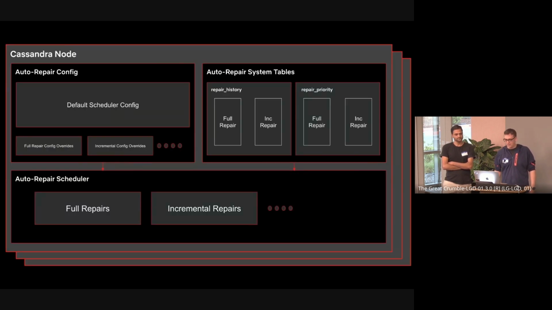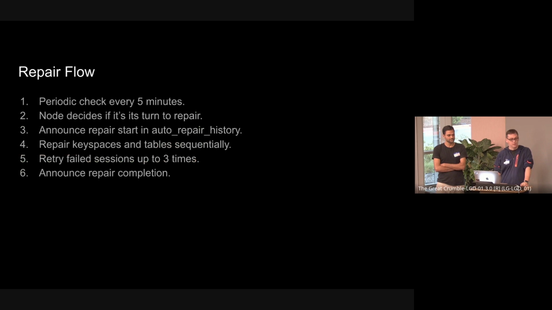As a breakout, for each Cassandra node, there's going to be the repair configuration, which is the schema configuration, or the scheduler configuration in the YAML. And then there'll be the system tables, which the auto repair scheduler will pull from both of those to run each of them.